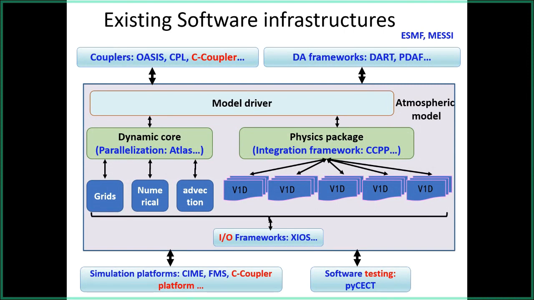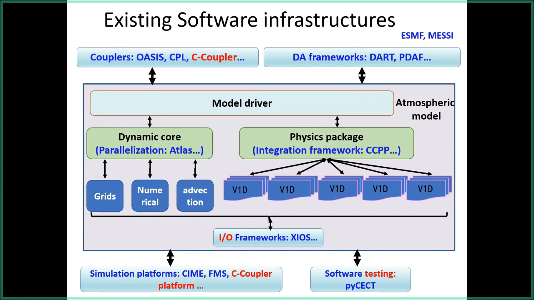And there are simulation platforms, known as the scripts for configuring, compiling, and running model simulations. And there are also tools for software testing to improve the reliability of model codes and software. But for most kinds of software infrastructure, there are no software products developed in China.